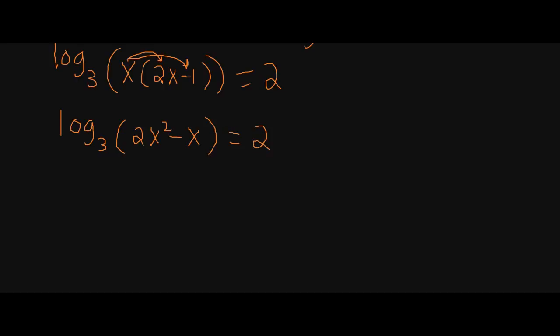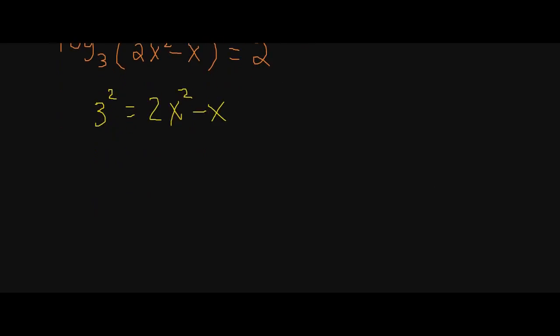All right, now let's go ahead and convert this. This is like the other problem that we just had. This is my base 3. My output is going to become my input, so I'm going to get 3 squared equals, and now my input becomes my output, 2x squared minus x. Well, 3 squared is going to give me 9.